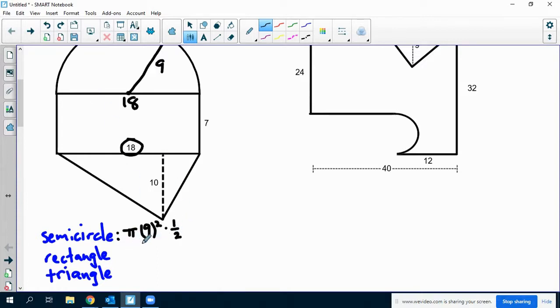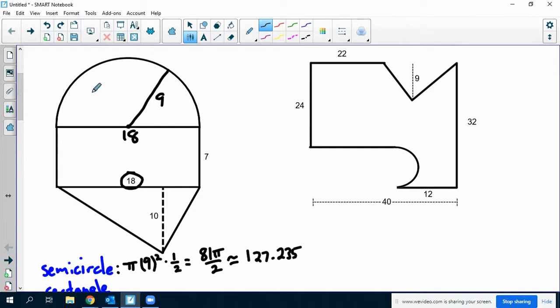This is the area of a circle, pi r squared, times 1/2. So this ends up being 81 pi over 2, which is about 127.235 units squared.